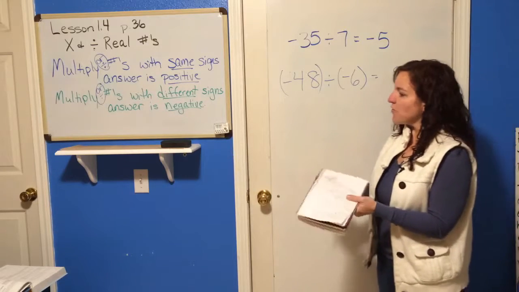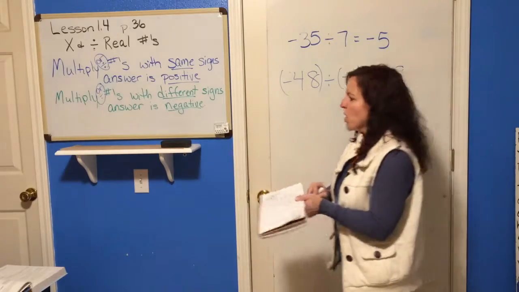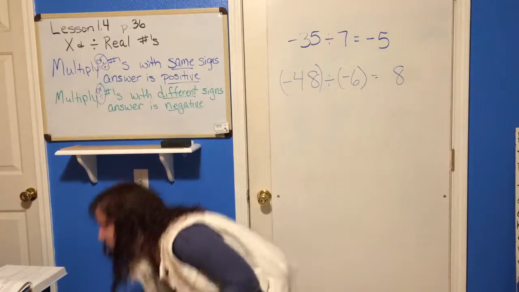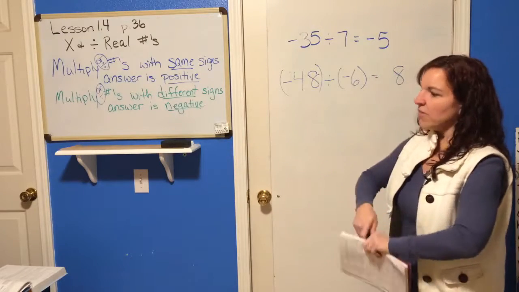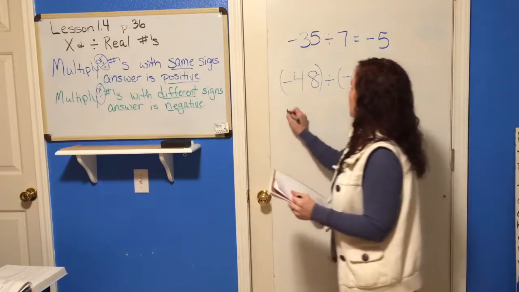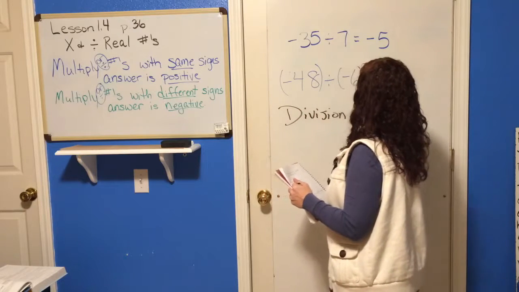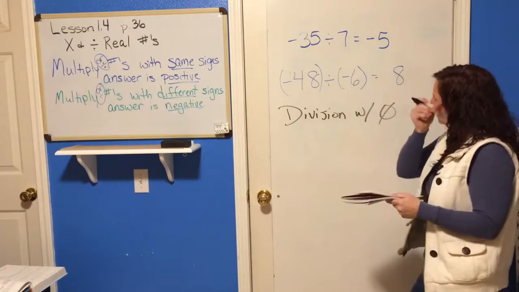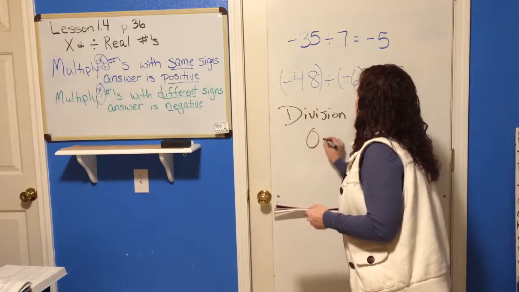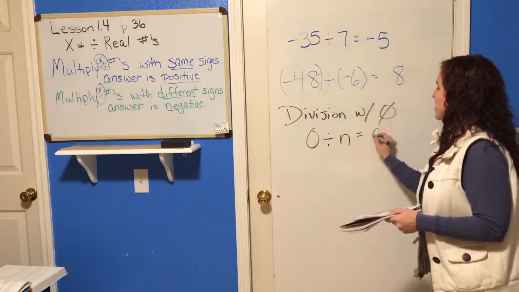A couple of quick rules for dividing with 0. Zero is its own little tricky monster. If you have 0 divided by any number, that answer is 0.